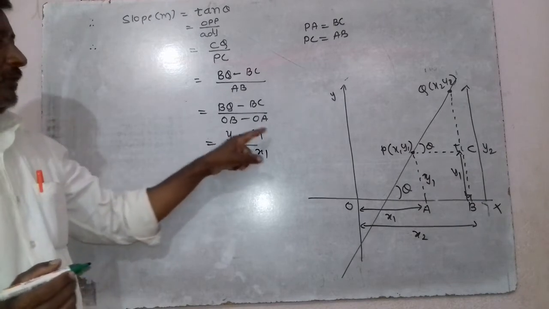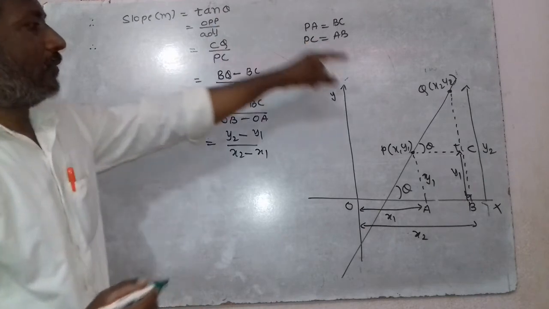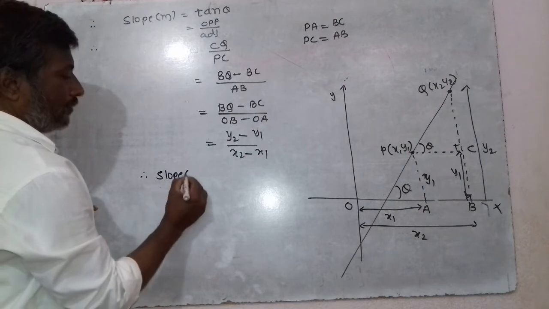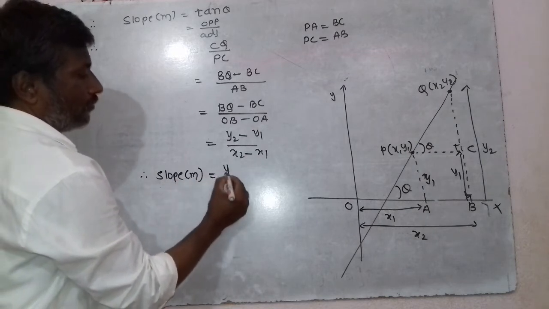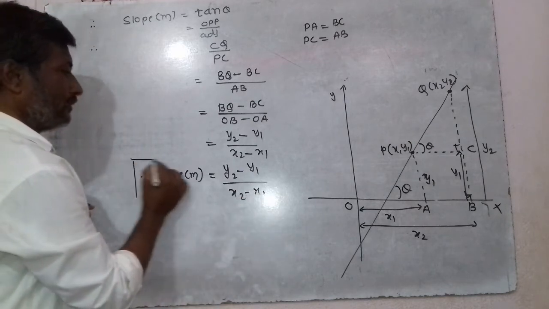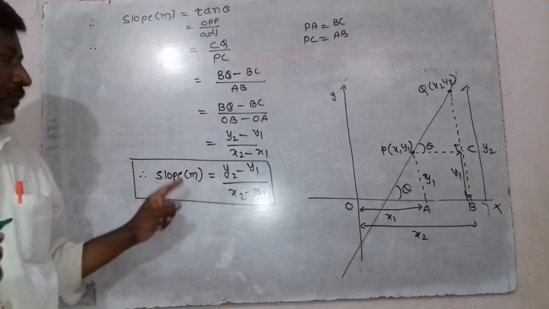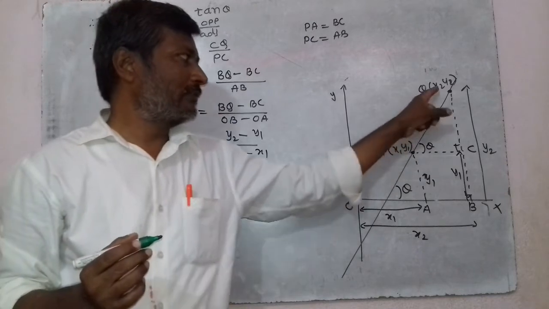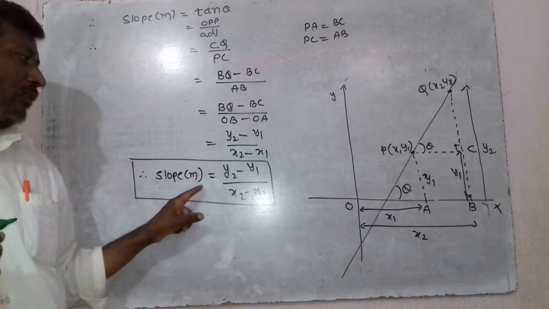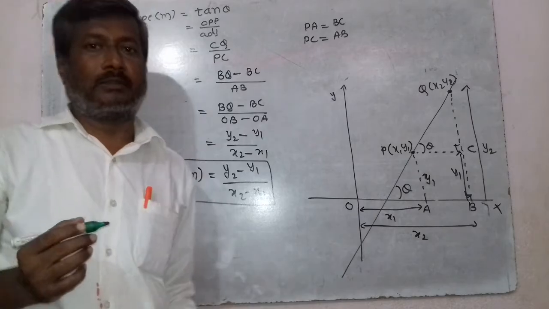Therefore, y2 minus y1 divided by x2 minus x1 gives the slope of this line. This is a 3 marks question. So the slope of the line joining two points P (x1, y1) and Q (x2, y2) is given by m equals (y2 minus y1) divided by (x2 minus x1).